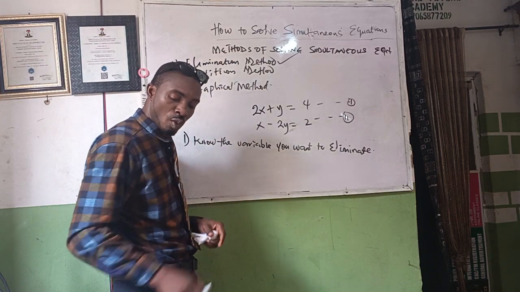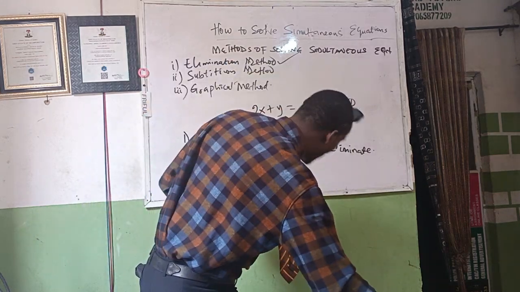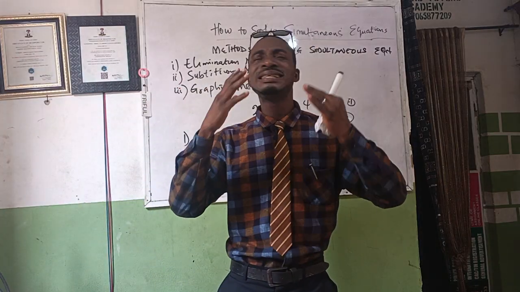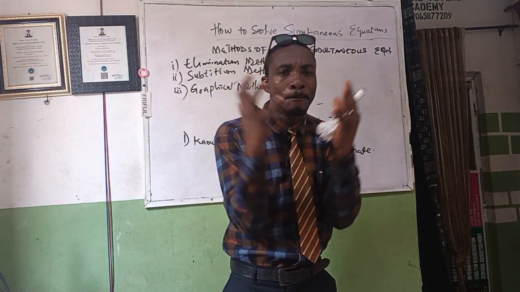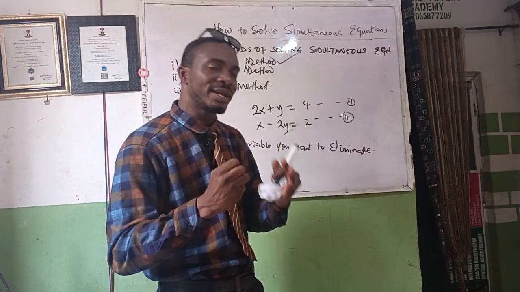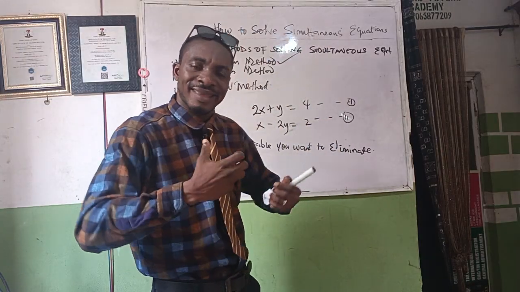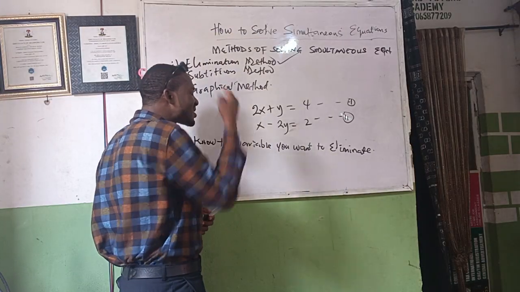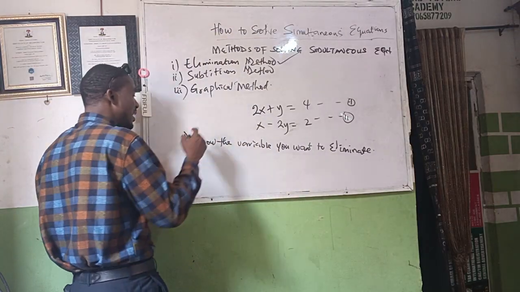Secondly, you must make sure, by all means, by thinking perfectly, that the variable has the same coefficient. That's number two. Same coefficient.